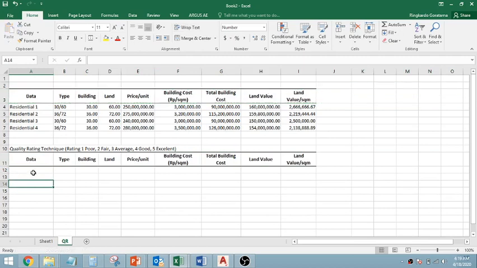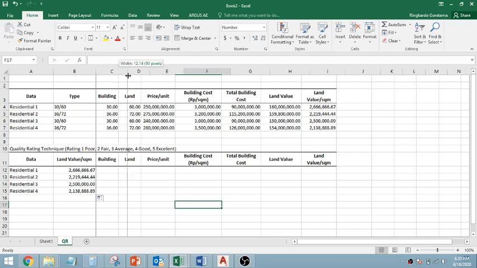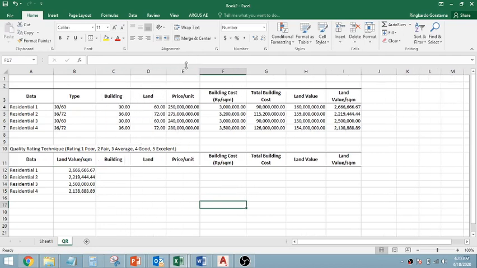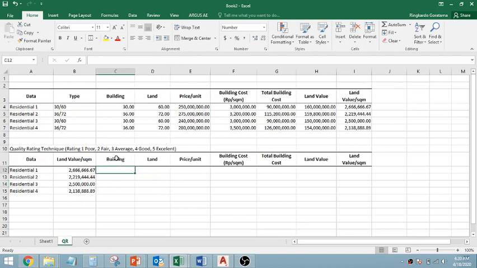So this is the data. Compare residential 1, 2, 3, and 4. We already know the land value per square meter. So this is the land value per square meter. And we need to put how we do the rating.